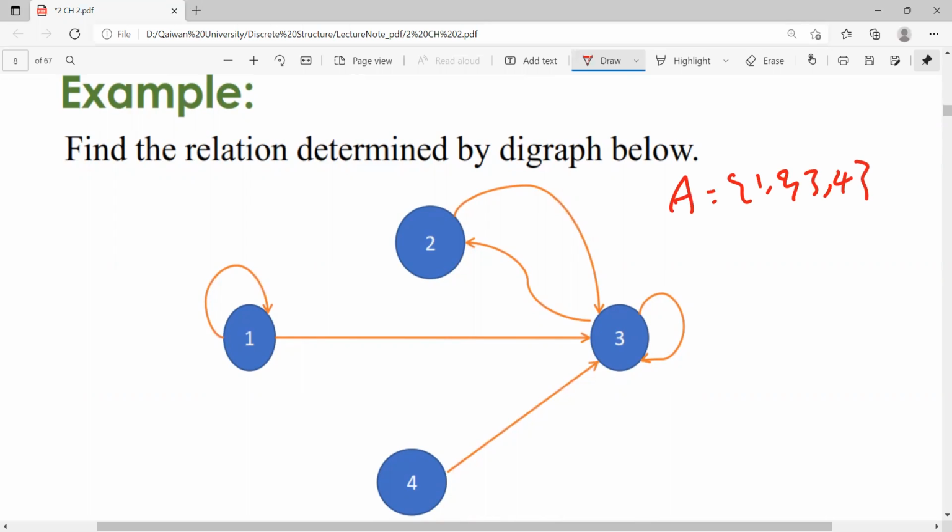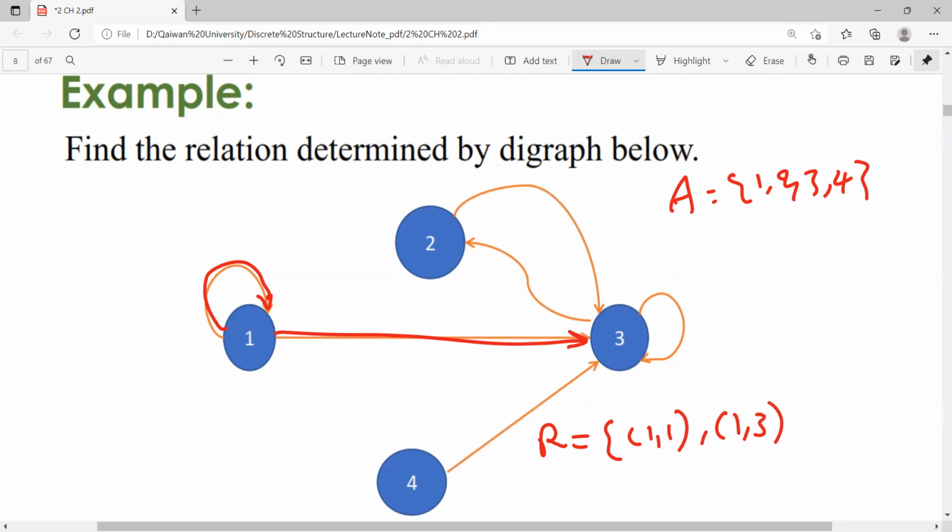How about the relation? Say R equals, look, 1, it goes to itself. That means we have 1, 1. Then 1 to 3. Then 2. 2 to 3. 3 to 1. 3 to 2, sorry.